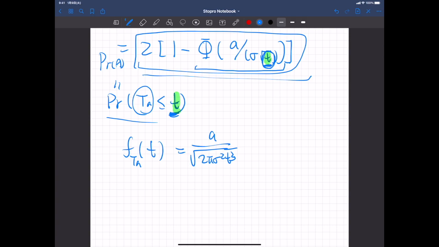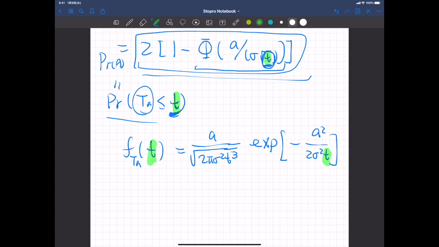T to the power of 3, and exponential of negative a squared over 2 sigma squared t. Okay, again, don't get confused. This is a function of t, density function of t.